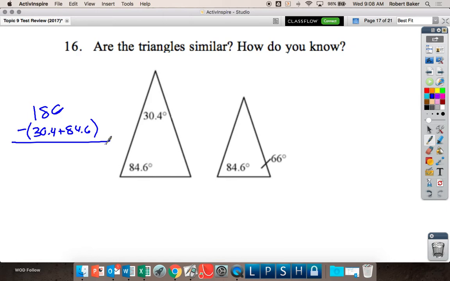Or 180 minus 34.4 minus 84.6? Right on the nose. 65? So calculator says 65. If you add these 2 numbers together, you get 115. So 180 minus 115 is 65. This angle is 65.